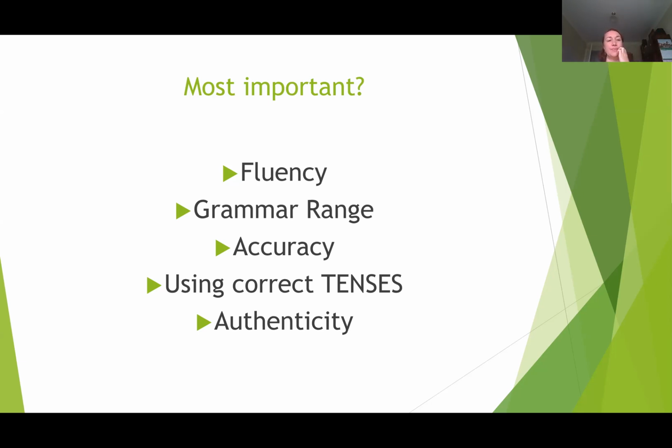The next one is grammar range. So being able to use short sentences or long sentences, using short breaks and long breaks. A full stop, for instance, or a comma for a brief pause when you're expressing yourself. Accuracy. Are you being accurate in how your sentences are structured?